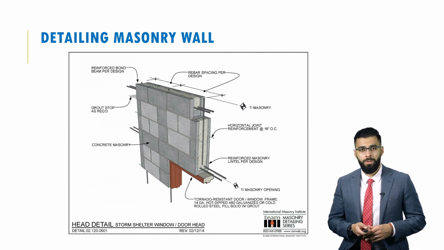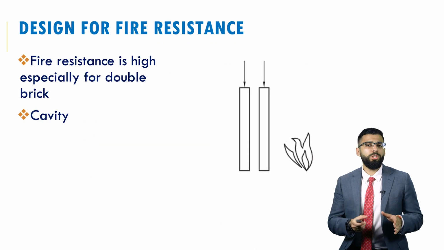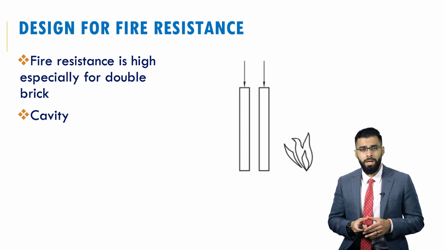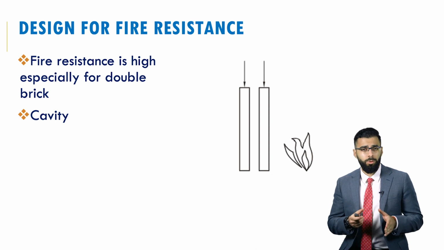A huge advantage of masonry structures is when it comes to fire resistance. Now, the reason for that is because of your double brick construction. When you have double brick construction, so let's say, for example, a double brick wall, you have a cavity between the two walls.